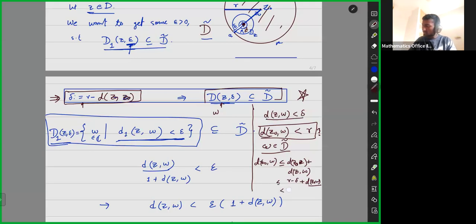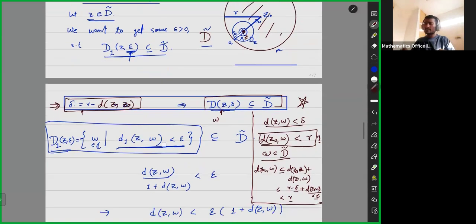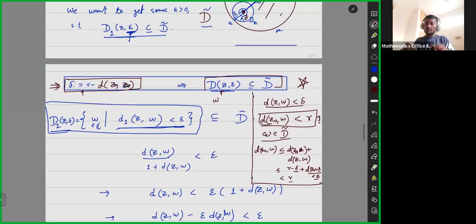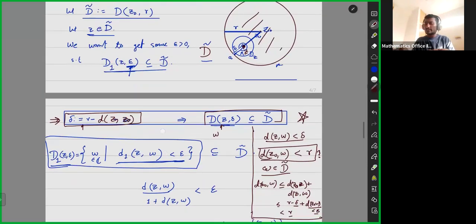So everything is less than r. The minus delta plus delta cancel, and it is less than r. So there were some issues which have been addressed, because delta was defined in terms of the modulus; this is now in terms of d, for a general metric space.